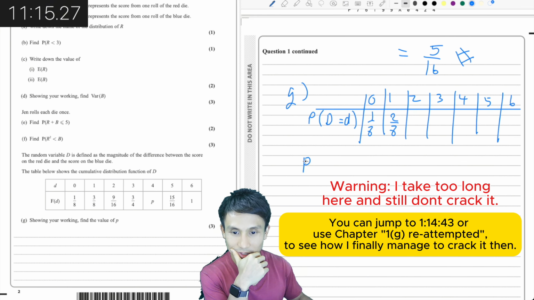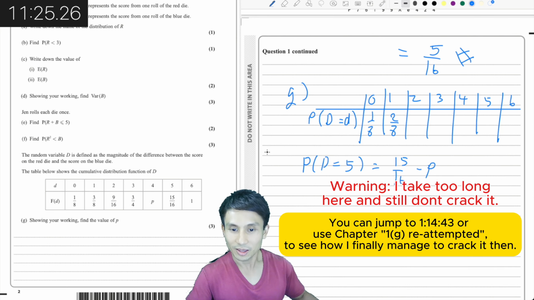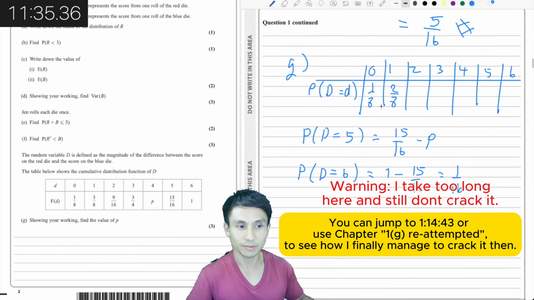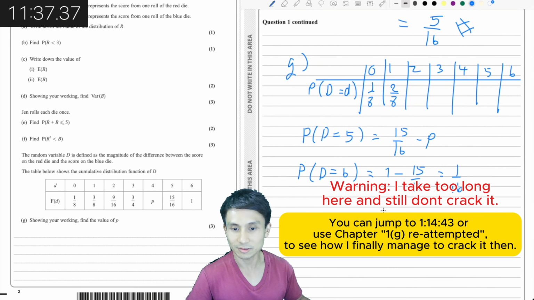P of D equals 5 would be equal to 15 over 16 minus P. All right, let's go slow. And then P of D equals 6 is 1 minus 15 over 16, which is 1 over 16. Okay, I think this is going to work.